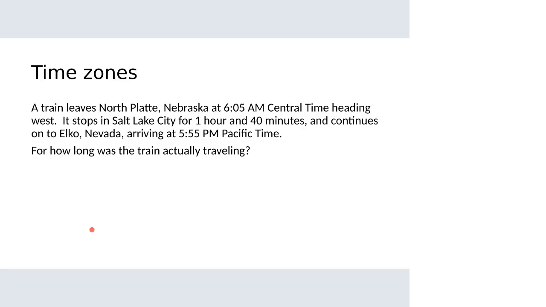So we want to make sure we make sense of this thing. Okay, so got this train and it's here in North Platte, Nebraska, and it goes west and it stops in Salt Lake City for a little while and then it continues west to Elko. I don't want to count the time it was stopped, and I want to know how long this journey took.